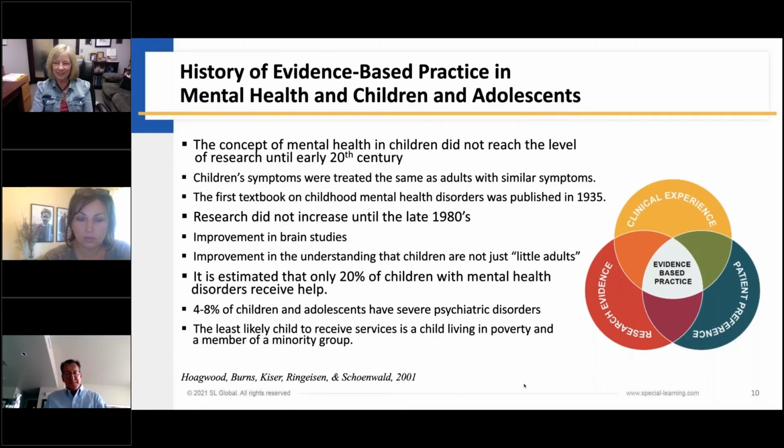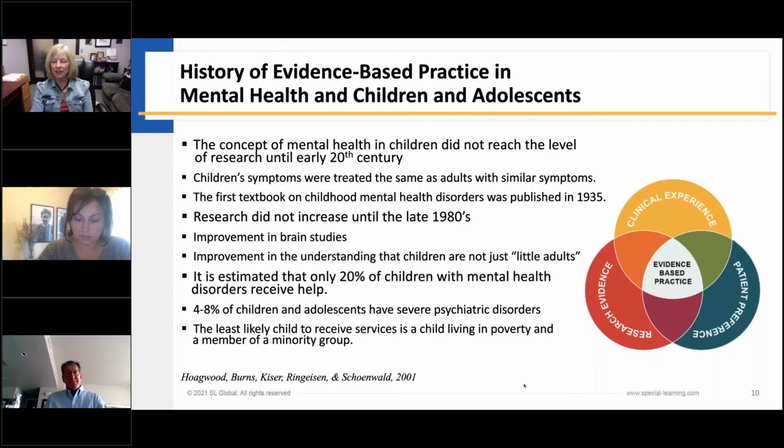And then there was this idea that we can't treat children the same as adults with similar symptoms, yet in decades gone by, that's exactly what they tried to do. And that was found to be pretty dangerous. So we can't use the same evidence that we see with adults on children.